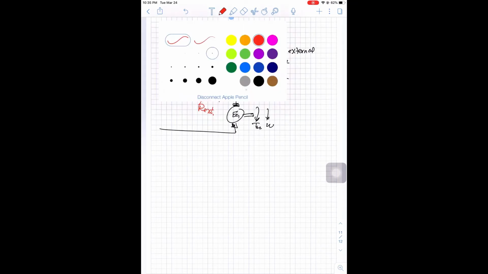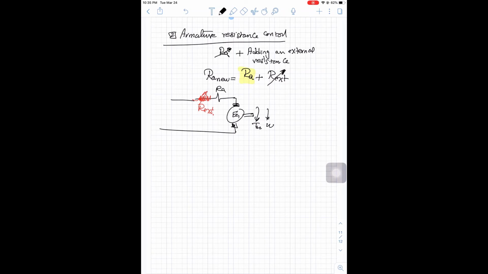So we will add an external resistance to the circuit. Then we have our field and our battery here: V source, RF, IF, IA. So as you can see, we're just increasing RA without changing the field current and without changing V armature, because V armature is equal to V source.